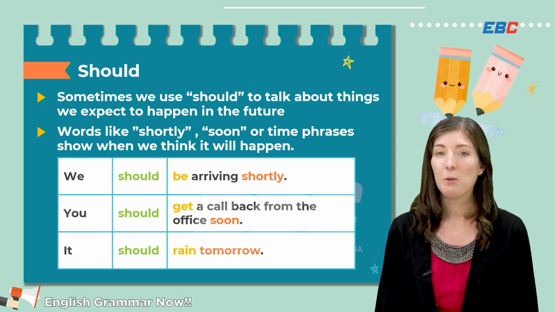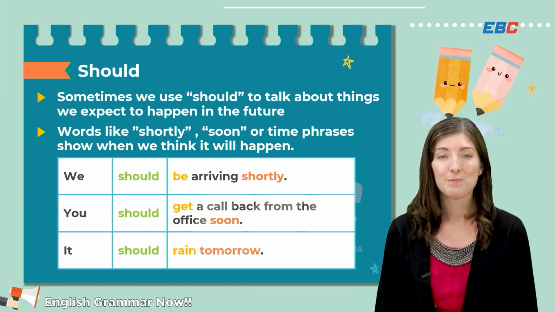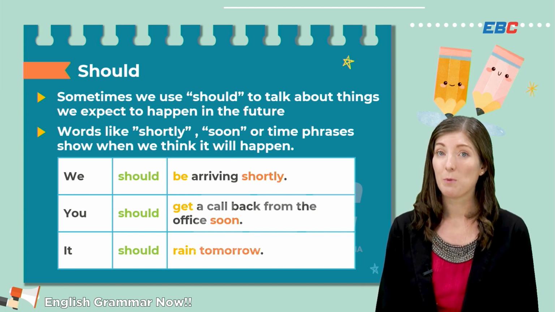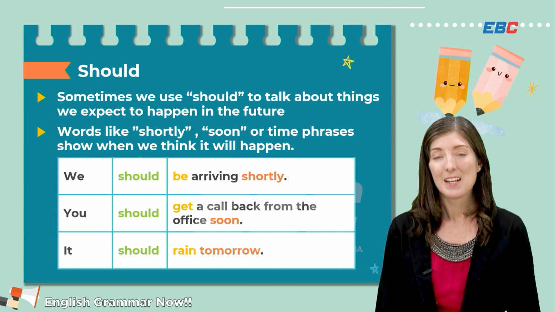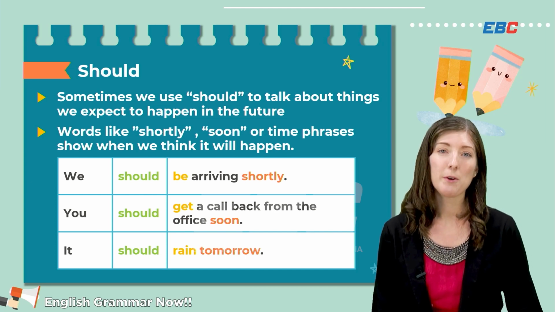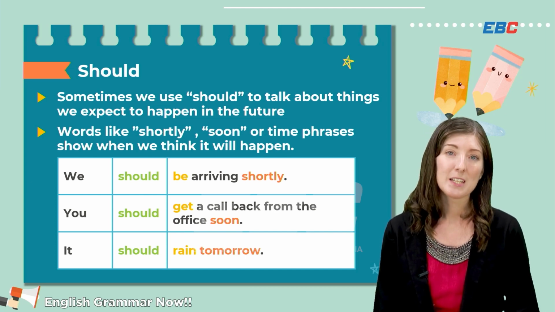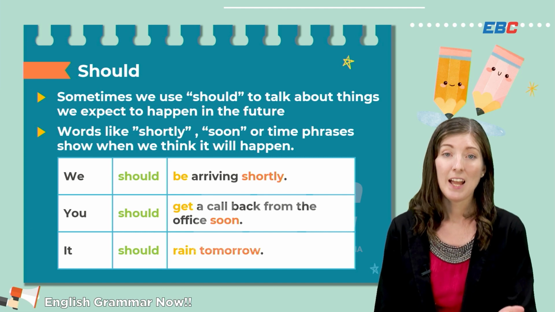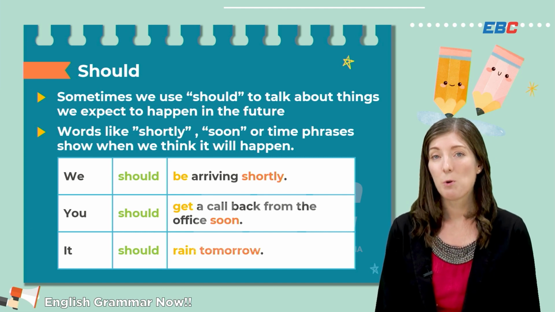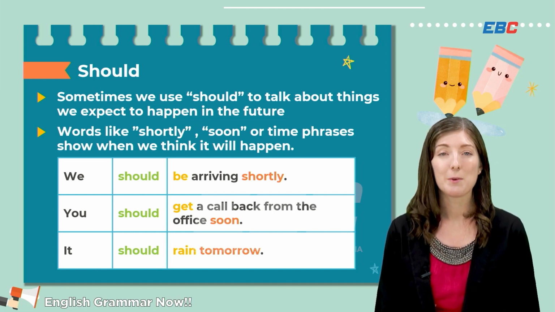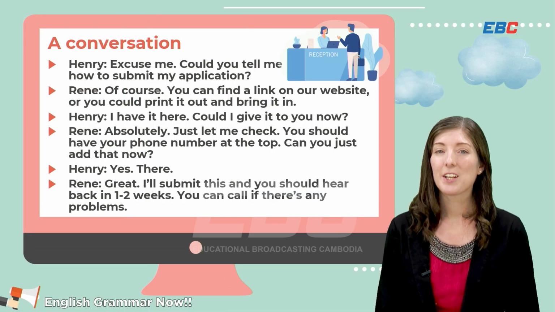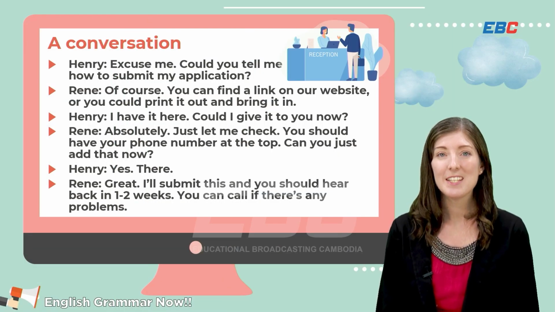You should get a call back from the office soon. It should rain tomorrow. In these sentences, we're talking about the future. These are things that we expect will happen, and the phrases highlighted in orange show when we think they will happen. Let's look at a conversation that uses these modal verbs.